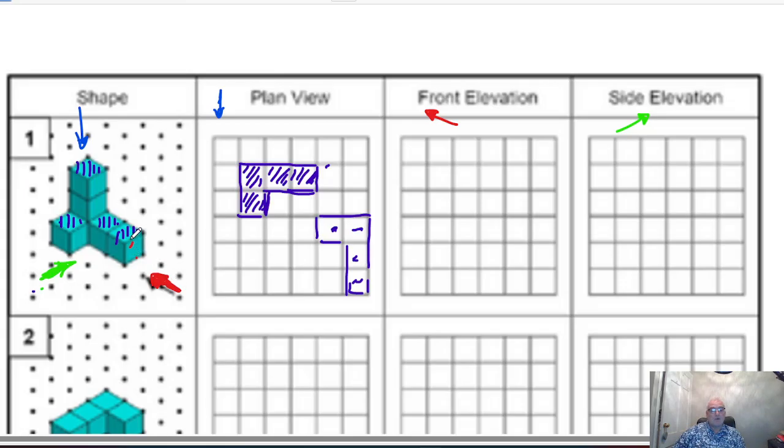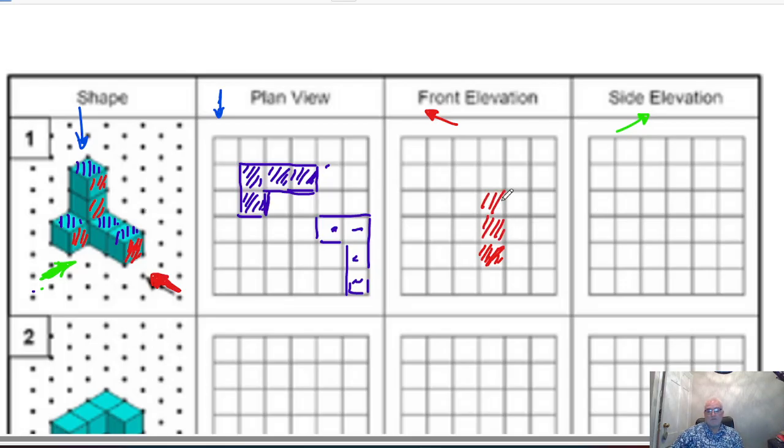Now if I'm looking from this side, all I would be able to see would be 1 square there, 1 square there, and 2 squares above it. Looking at this one, the only thing I would be able to see is those 4 squares. So I would have to do this one in the right orientation. It can only be one way round. If I do this bottom square first, that's going to be that square, and I'm going to have 2 more above it that I can see.